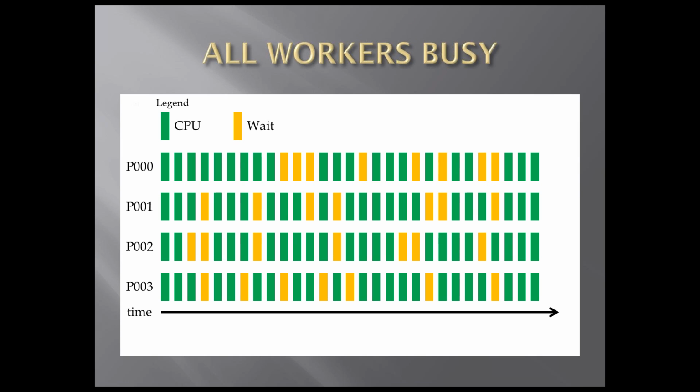If you think about this picture here, then basically this means we have 4 workers assigned, and each column tells you a sample where we look at the activity of this parallel worker over time. So basically each box here might represent a second or something like that.